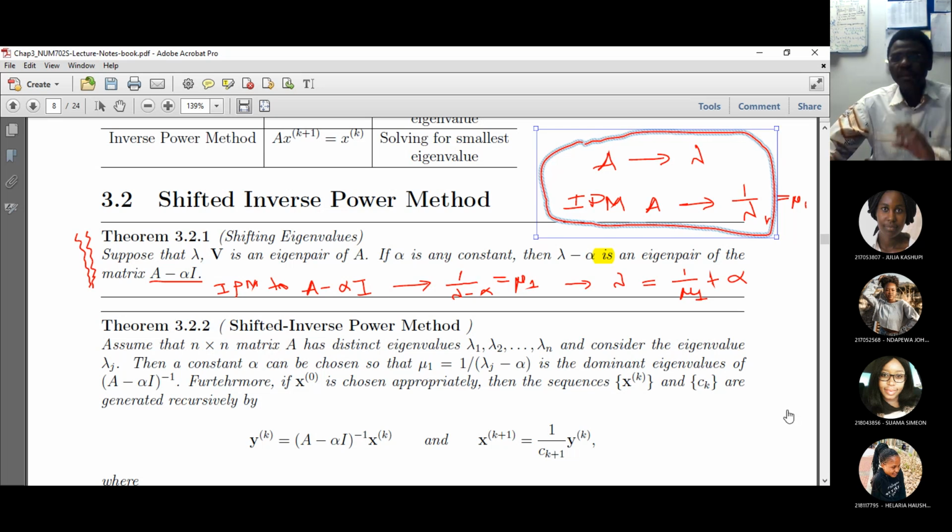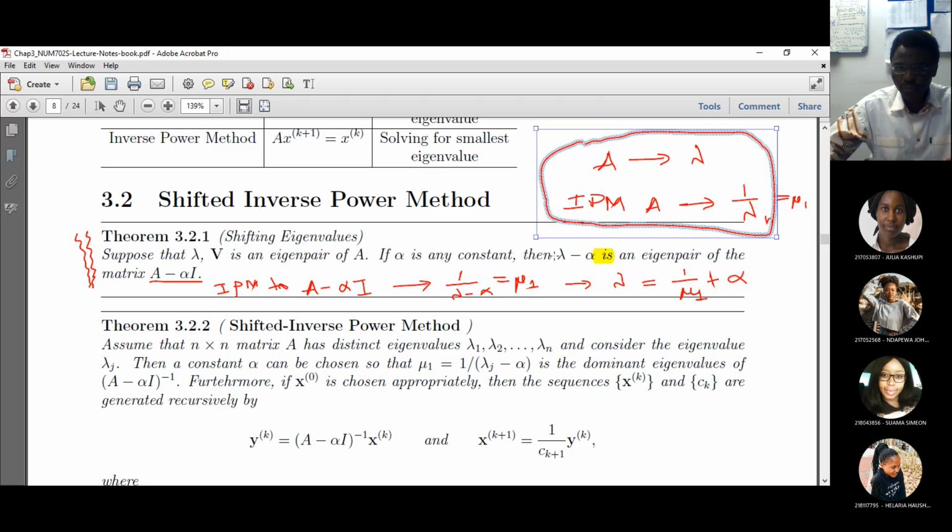But this theorem tells us that if I have an eigenpair, that is eigenvalue, eigenvector, but I'm concentrating for now only on the eigenvalue. If I know an eigenvalue lambda, this theorem tells me that if I take alpha and subtract it from that lambda, it is still an eigenvalue, but not of A. It is an eigenvalue of A minus alpha identity.